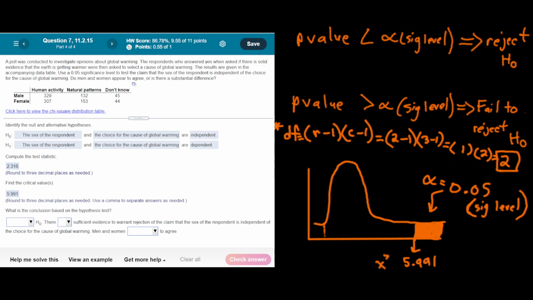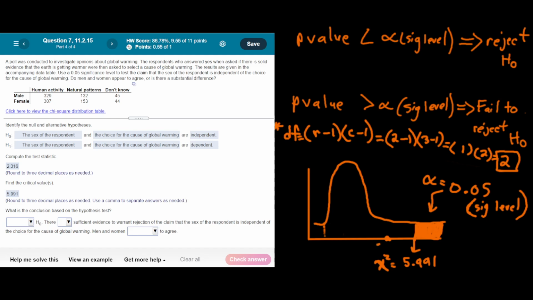And this is a chi-square right here, which has a longer right tail. Where is our test statistic? Our test statistic was 2.316. Where would that go with respect to 5.991? Wouldn't that be somewhere right here?